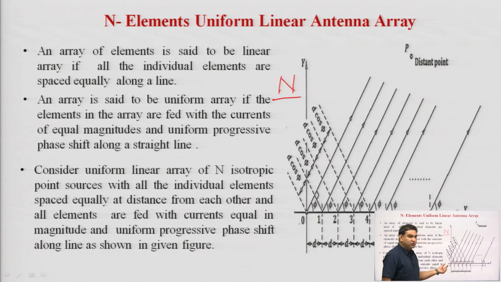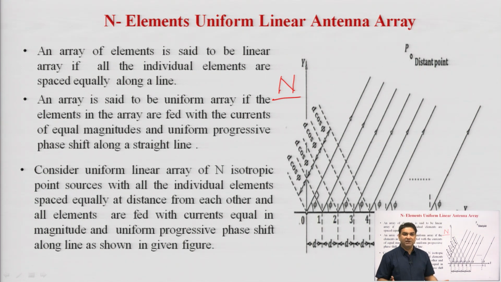The radiations originating from point source number 1, point source number 2 and the other point sources reach the distant point P at different time intervals.